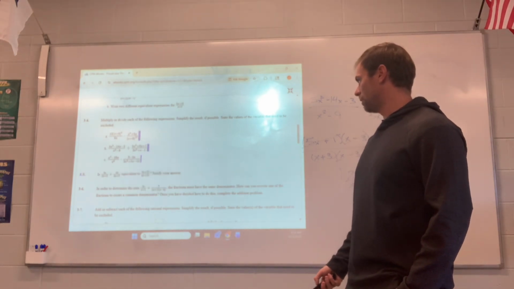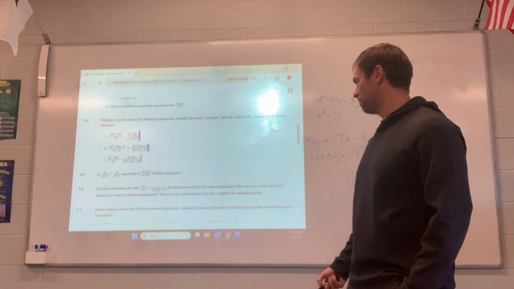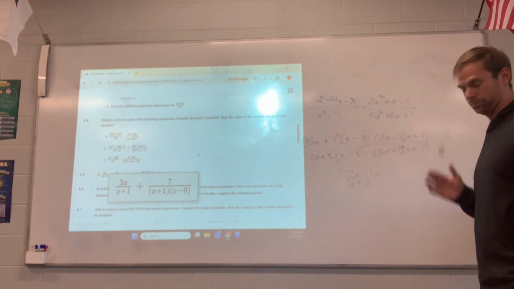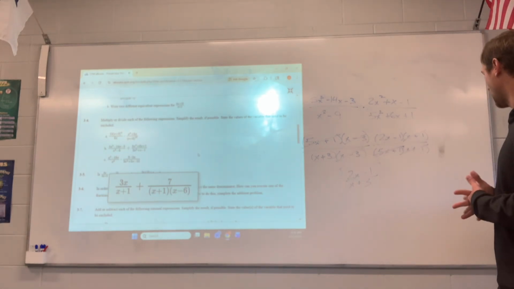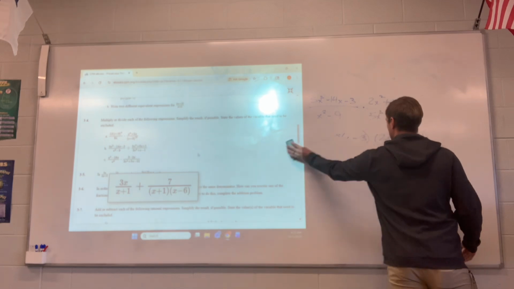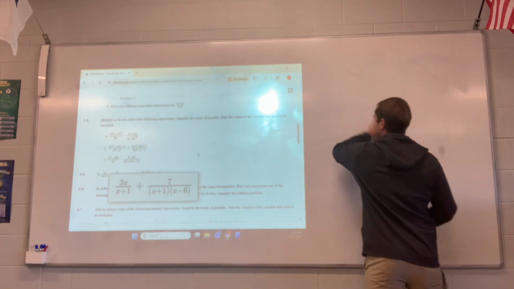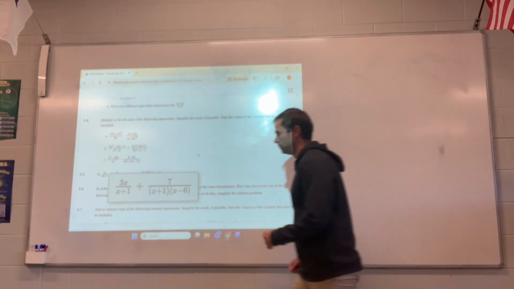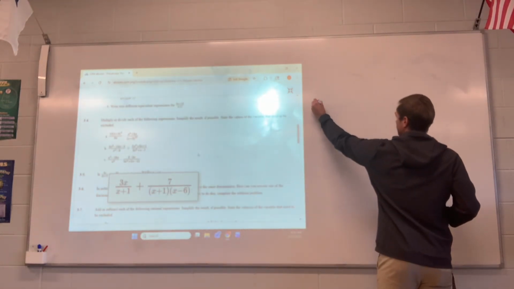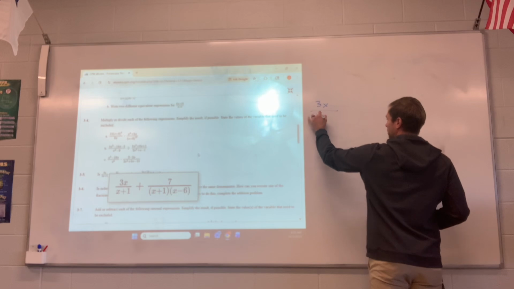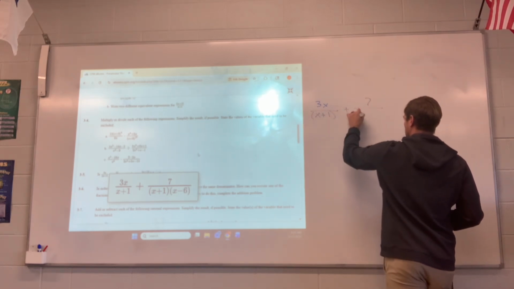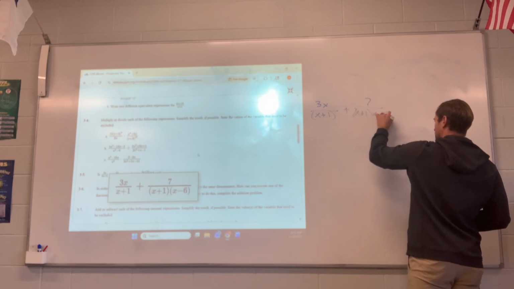In order to determine the sum of the fractions, they must have the same denominator. So how can we rewrite the denominators so that they are the same? Looking at this, we have 3x over x plus 1, plus 7 over (x + 1)(x - 6).